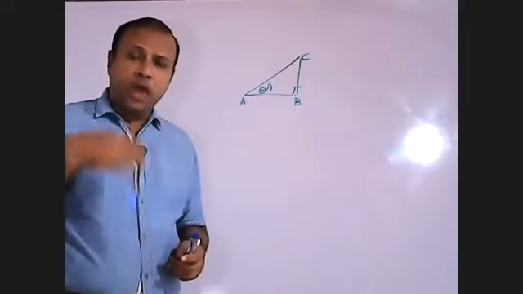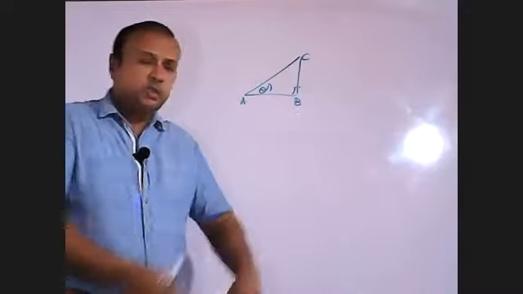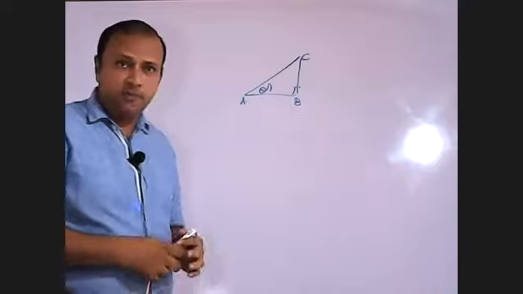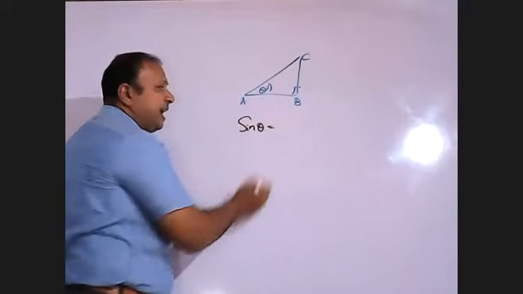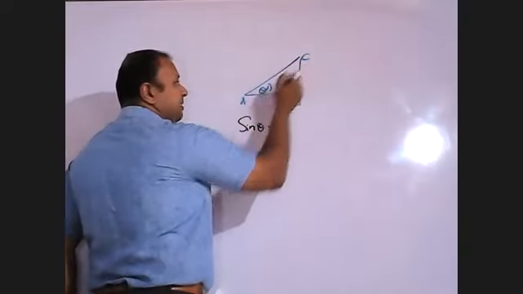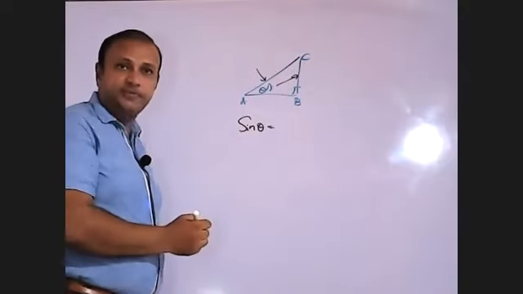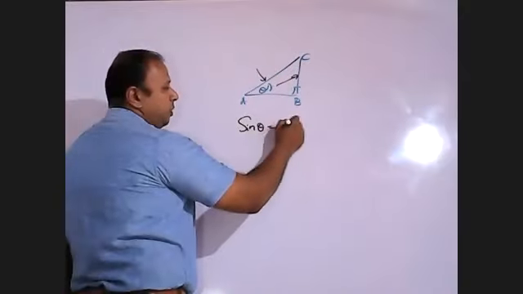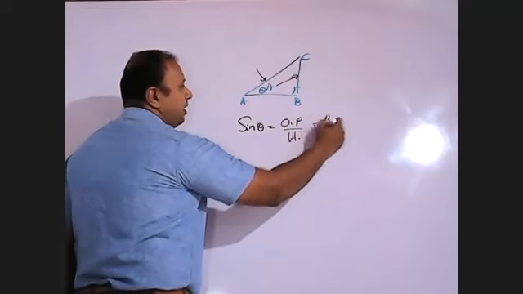Normally, you have defined trigonometric ratios at all levels using a right angle triangle. Sin theta is defined as the opposite side over the hypotenuse. The opposite side means this side, BC. That means BC over AC.